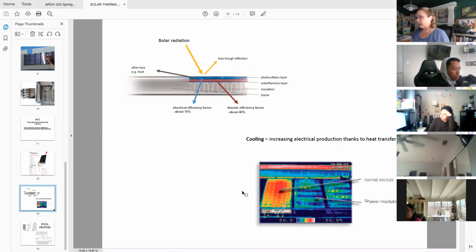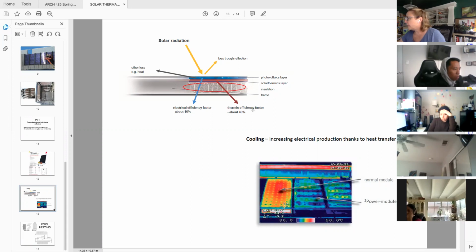Next to it, on the left side, a traditional PV module, and it shows what the heat buildup is for those various panels.